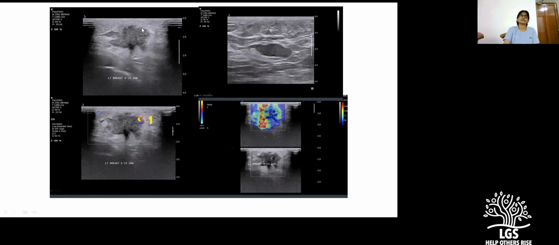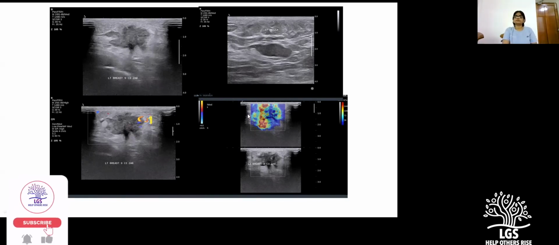These lesions are suspicious and have to be biopsied. Here again you see a lot of vascularity, some bit of shadowing, but not much of a posterior feature. On shear wave elastography, you see that it is moderately hard.